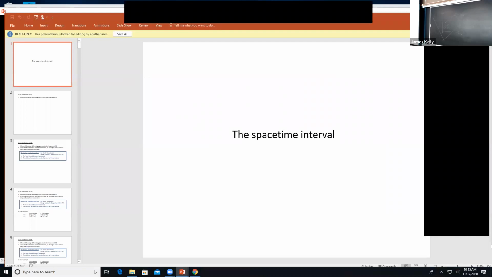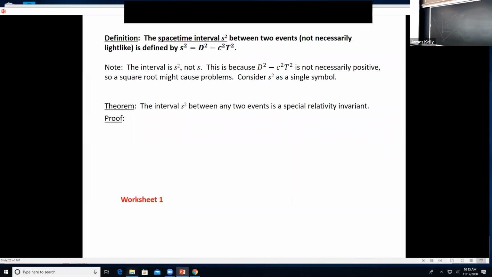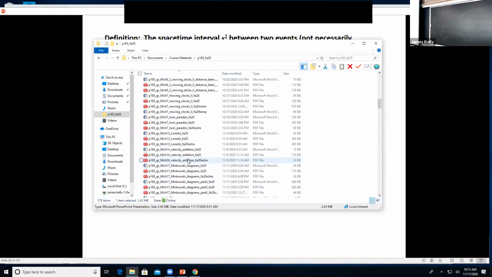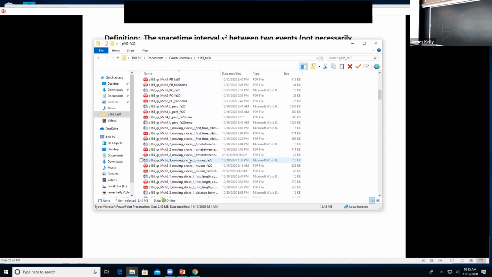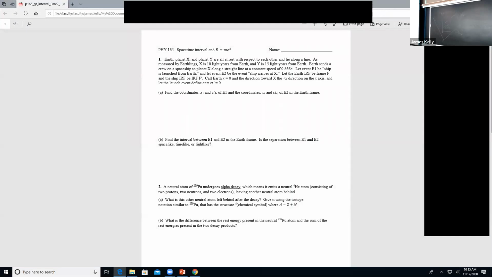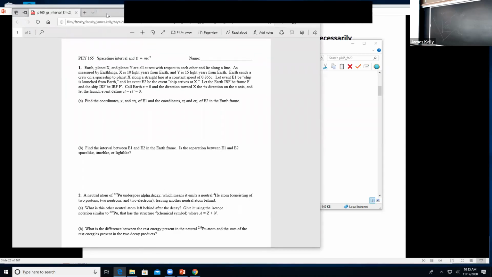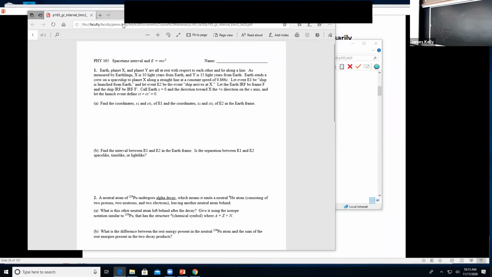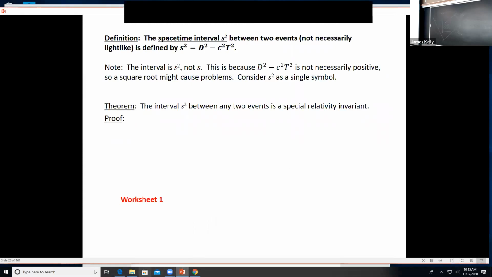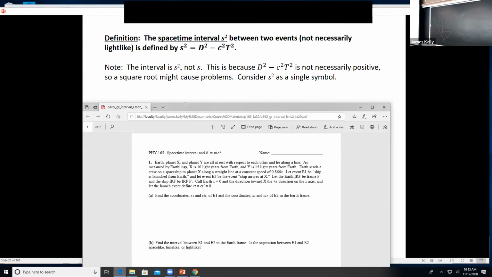If you're on Zoom, I'm just bringing up the worksheet that we're working on so that you can look at it if you didn't have easy access to your email.